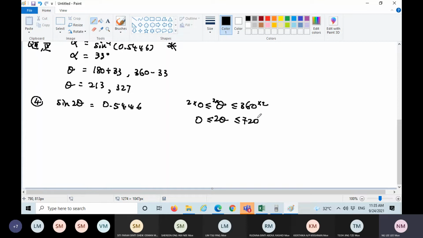Now you see, I still keep the alpha. My alpha, the reference angle for 2 theta, is still 33 degrees. Same thing. This is positive.